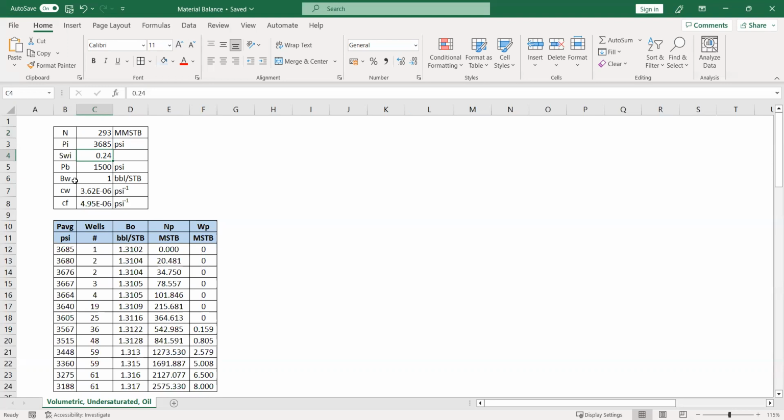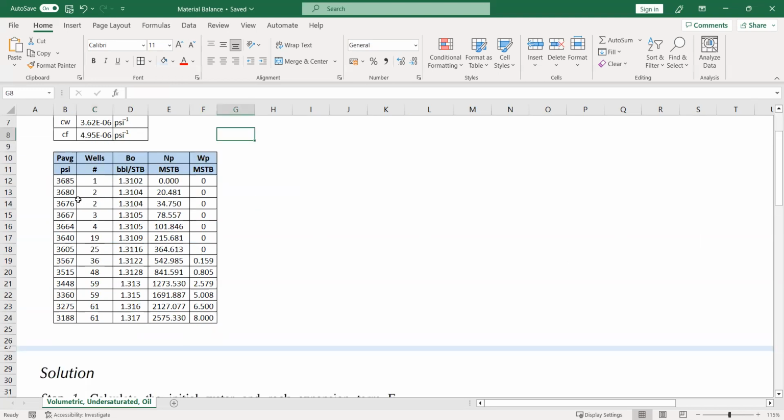Based on laboratory measurement, the water formation volume factor is 1, and we know the water compressibility and also the rock compressibility, Cf. We also compile the production data and the pressure data. We know the average pressure, the number of wells, and the oil formation volume factor as a function of pressure.